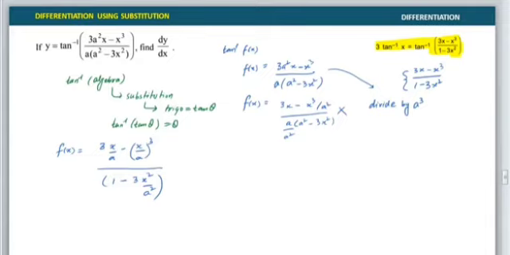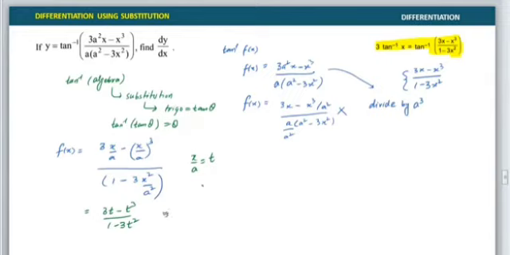And if you now see that if I place x by a to be t, this is nothing but 3t minus t cube upon 1 minus 3t square, which is exactly similar to what I require. So this actually becomes what?